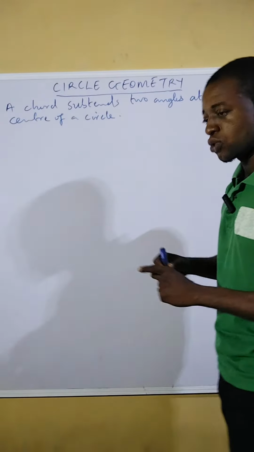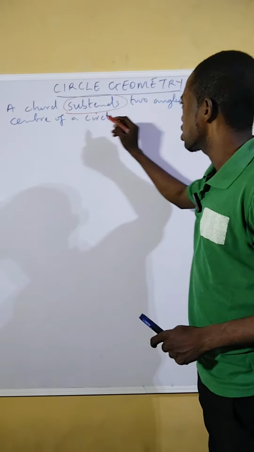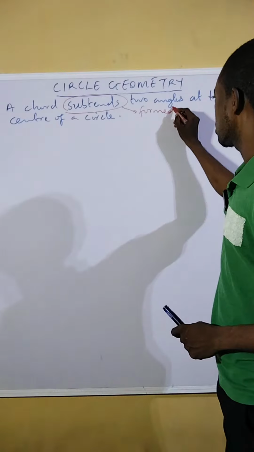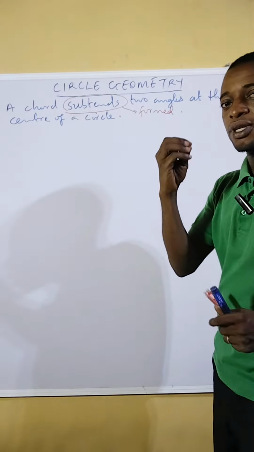Now, this word subtends in mathematics is similar to the word formed. A chord can form an angle at the center, but that will be two angles.